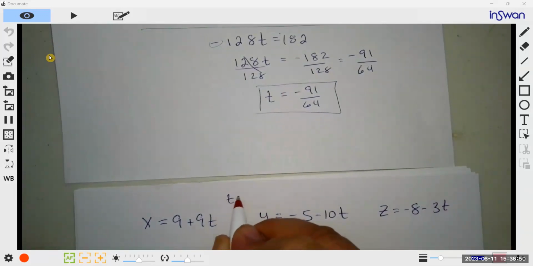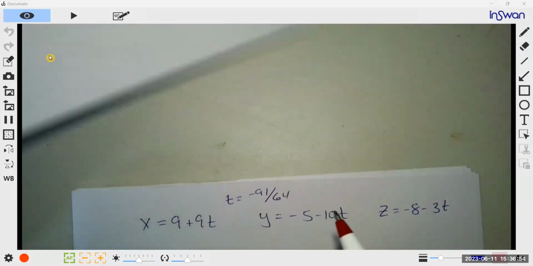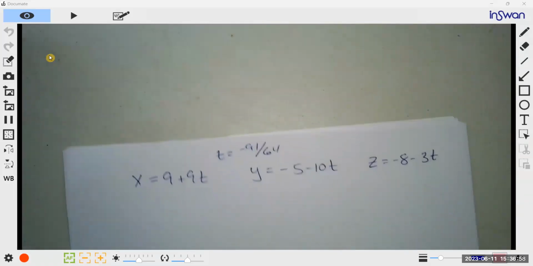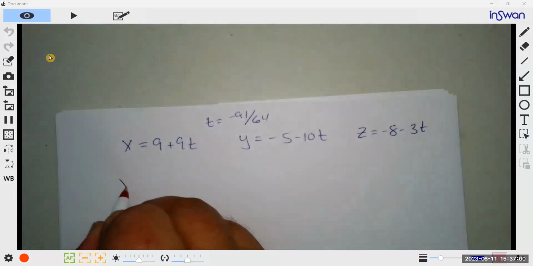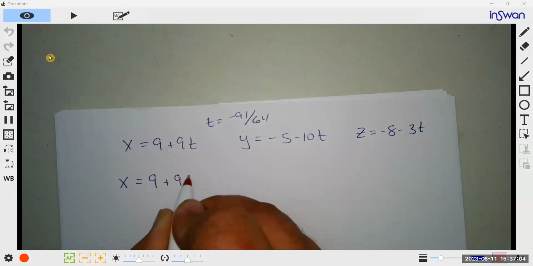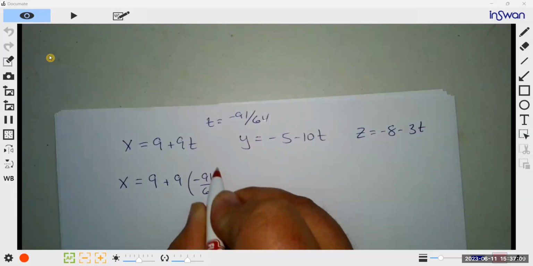So t is equal to negative 91 over 64. Plus 9, negative 91 over 64.